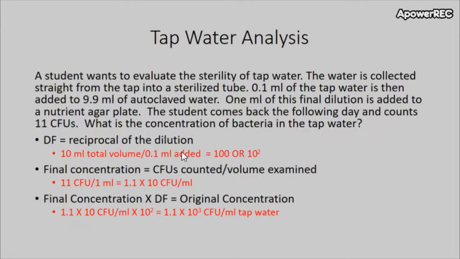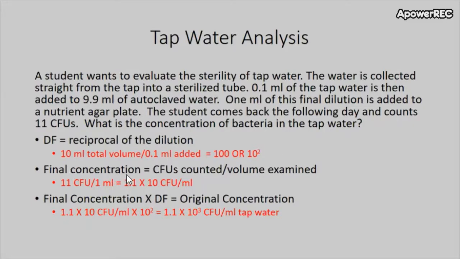Our dilution, we took 0.1 mils and we added it to 9.9 mils, or we added it to a total of 10 mils. Okay, this will throw a lot of students off. Remember, it's always the total. It's not what you started with. It's the final amount of water after adding everything together and mixing it up. So we have a 10 over 0.1, which is equal to 100, or 10 to the second.